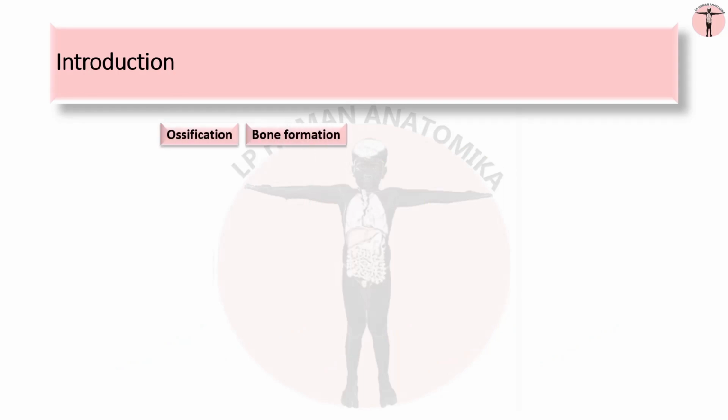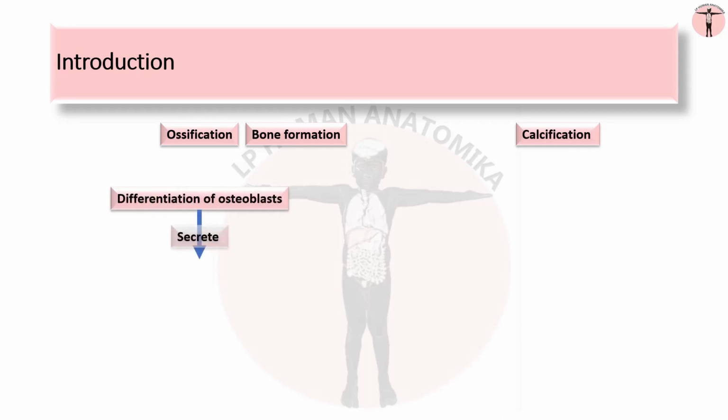One should know the difference between ossification and calcification. They are not synonymous. Ossification involves differentiation of osteoblasts, secretion of characteristic organic intercellular substance, including collagen fibers, and calcification.